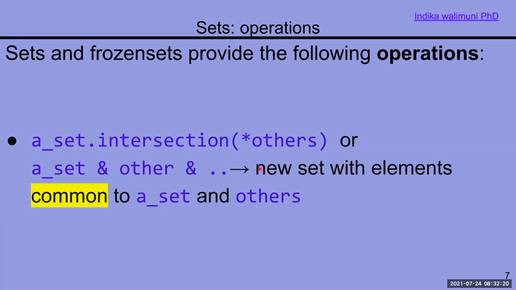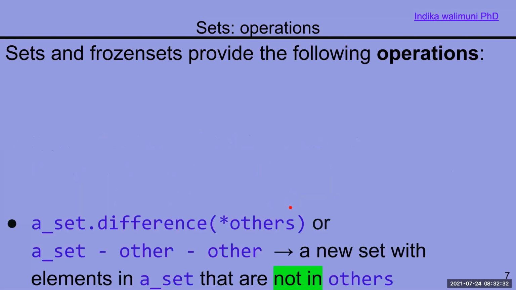So it creates a new set with elements common to the set that we are working with and the others. Difference basically creates a set by removing the common elements.